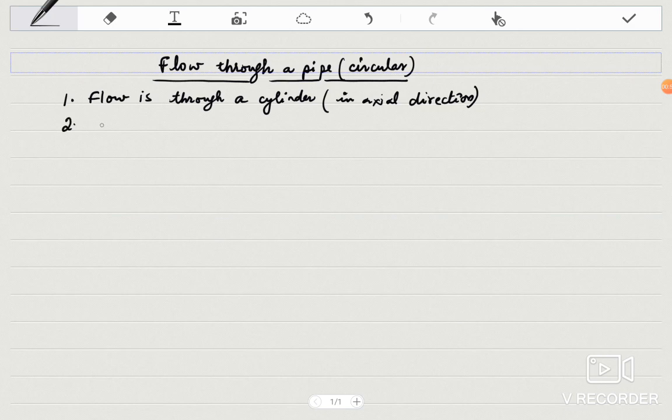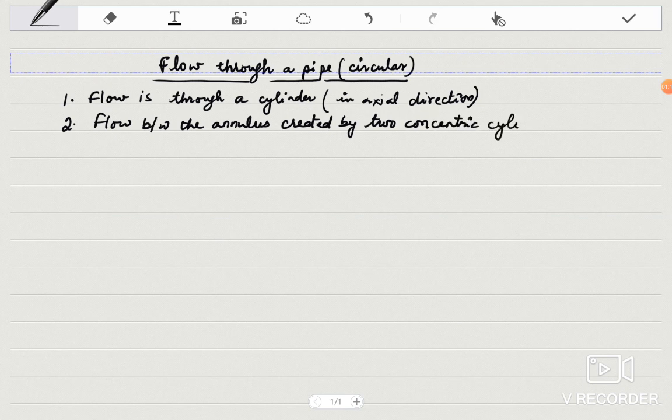Second, we will discuss flow between the annulus created by two concentric cylinders. Again, the flow is in axial direction.